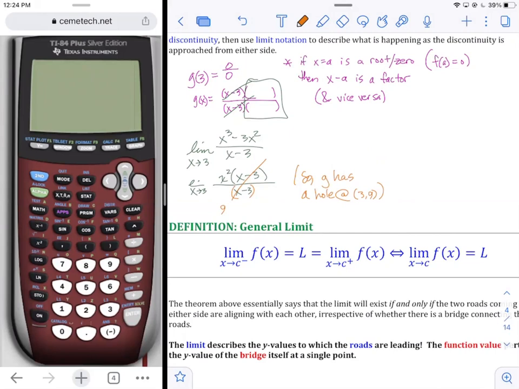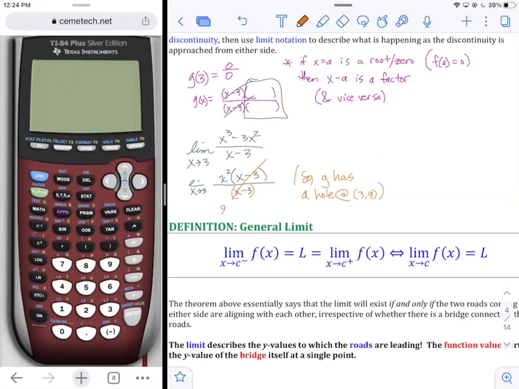You don't even look at the bridge, right? If the roads are lining up, then we say that the general limit exists and it's equal to that same y value, okay? If the roads are pointing towards each other, who cares if there's a bridge or not, the general limit exists and it is that y value.